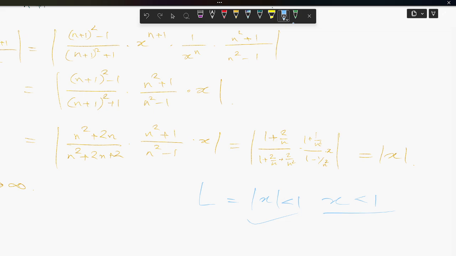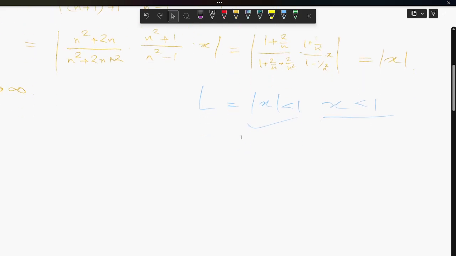That means if we take x equals 1, then what we will get? Then we will get summation n equals 1 up to infinity (n square minus 1) upon (n square plus 1), and we all know this can be written as ((n square plus 1) minus 2) by (n square plus 1), so that will be 1 minus 2 upon (n square plus 1).